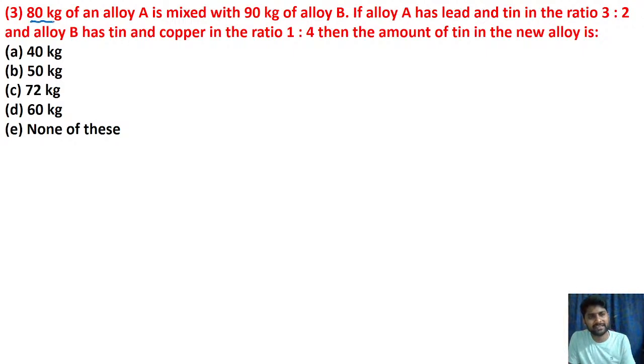There is 80 kg of alloy A mixed with 90 kg of alloy B. Alloy A has lead and tin in the ratio of 3 is to 2, and alloy B has tin and copper in the ratio of 1 is to 4. Find the amount of tin in the new alloy. Alloy A has 80 kg, a combination of lead and tin in the ratio of 3 is to 2.